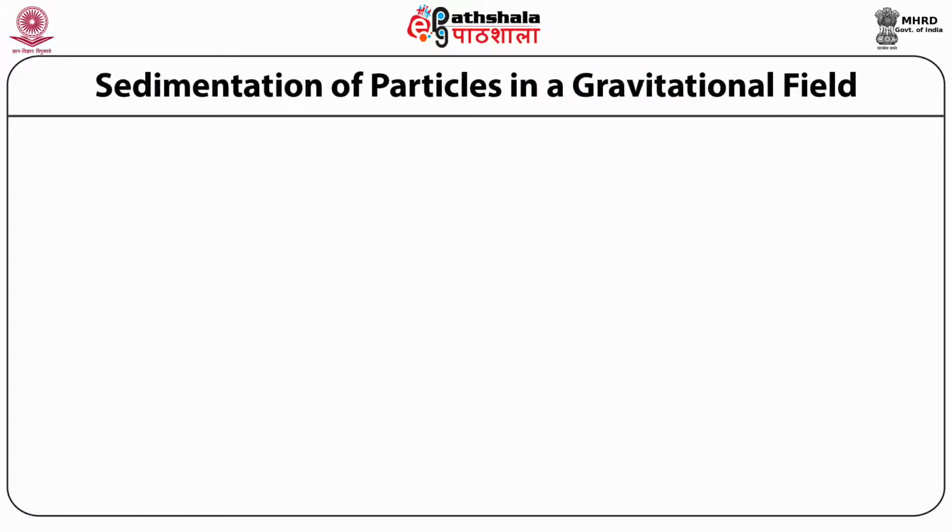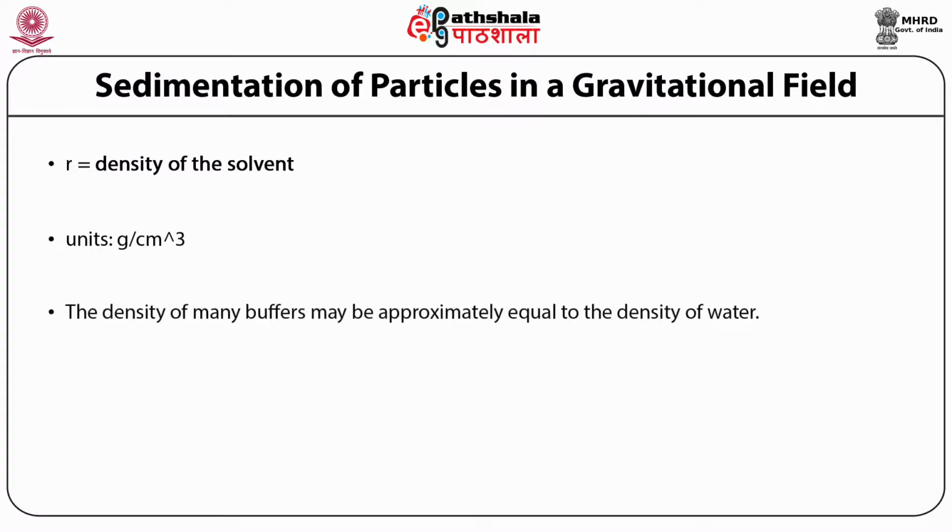Then we also need to know the density of the solvent because it is an equally important parameter, and the density is given as gram per centimeter cube. The density of many buffers may be approximately equal to the density of water, which is 0.998 gram per centimeter cube at 20 degrees Celsius.